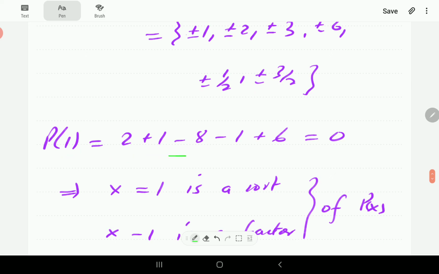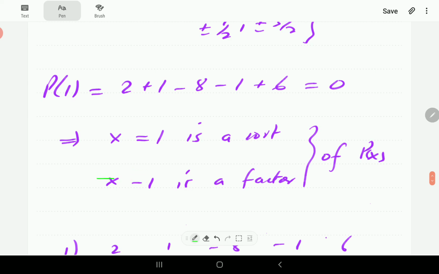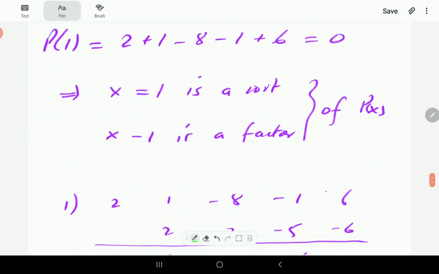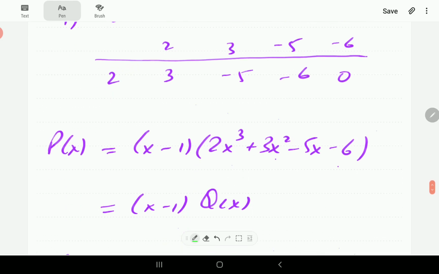Just trying the first one, we find that it gives us 0. That means x equals 1 is a root of p of x, and taking this to the other side, it means x minus 1 is a factor. So if we divide p of x by this, we're going to get a remainder of 0 indeed. We do this using synthetic division, and that tells us that p of x we can write as x minus 1 times 2x cubed plus 3x squared minus 5x minus 6.